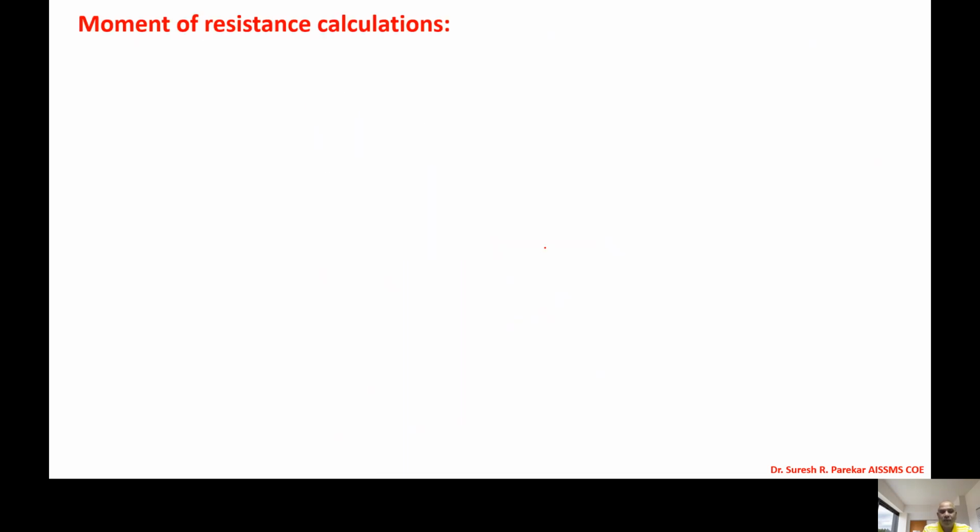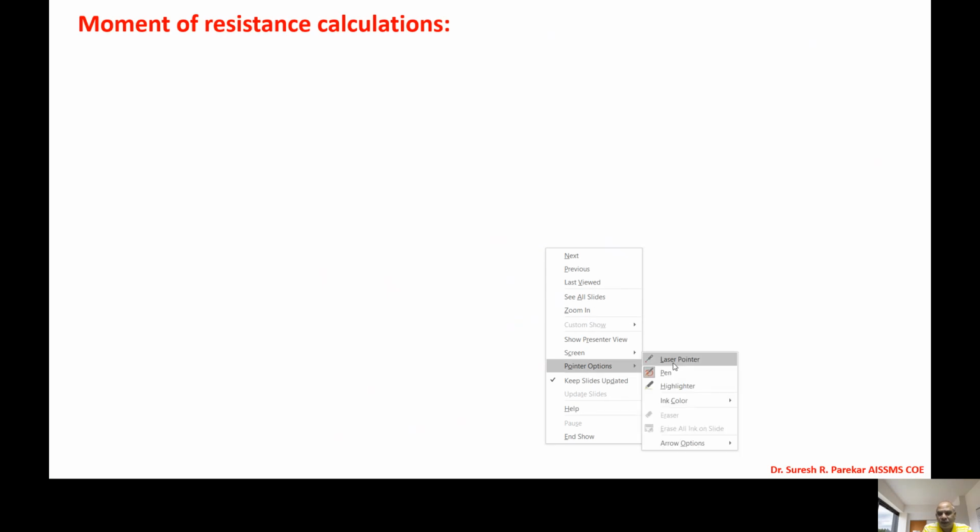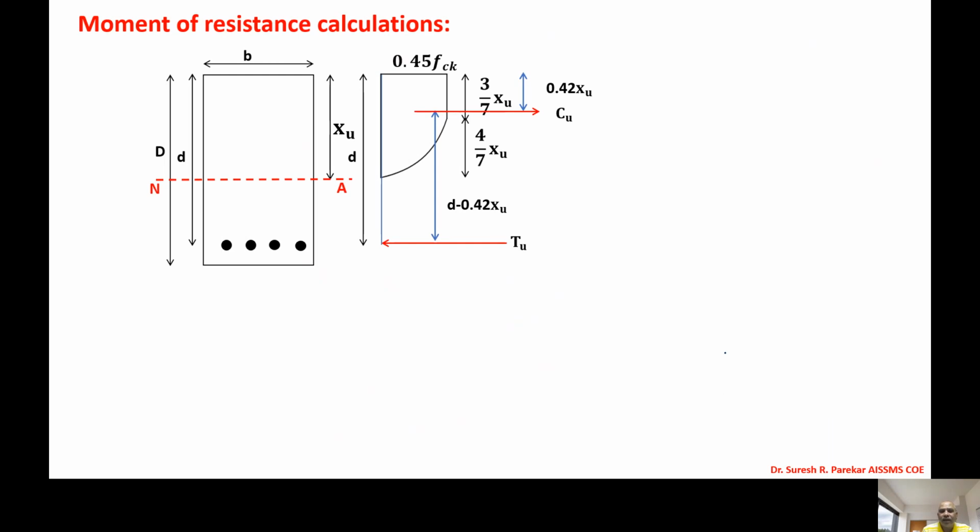Now we will switch over to the moment of resistance. Now you have this moment of resistance, and that will be Cu, which will act at 0.42 Xu, and Tu, that is at the center of steel. Now this distance between Cu and Tu, as this is 0.42 Xu and we have till this d, is known as the lever arm.